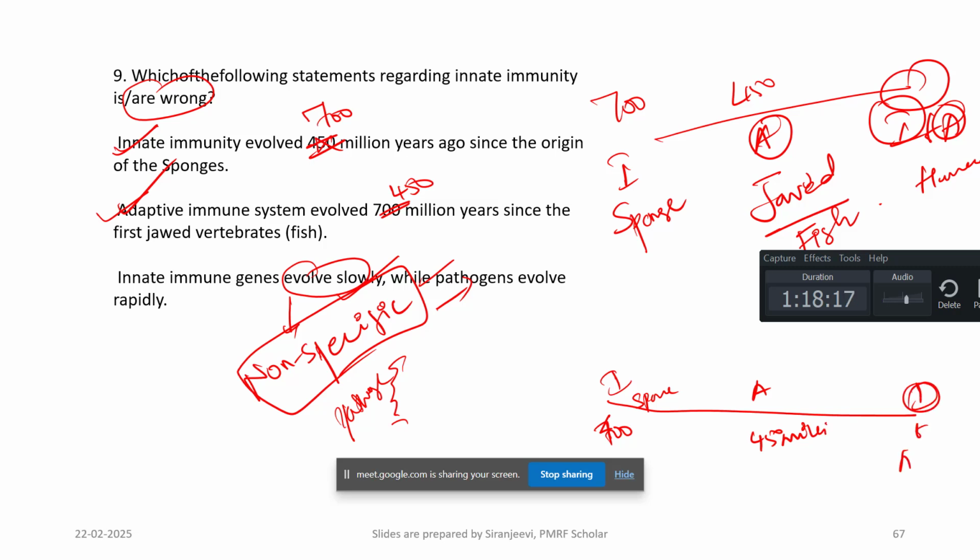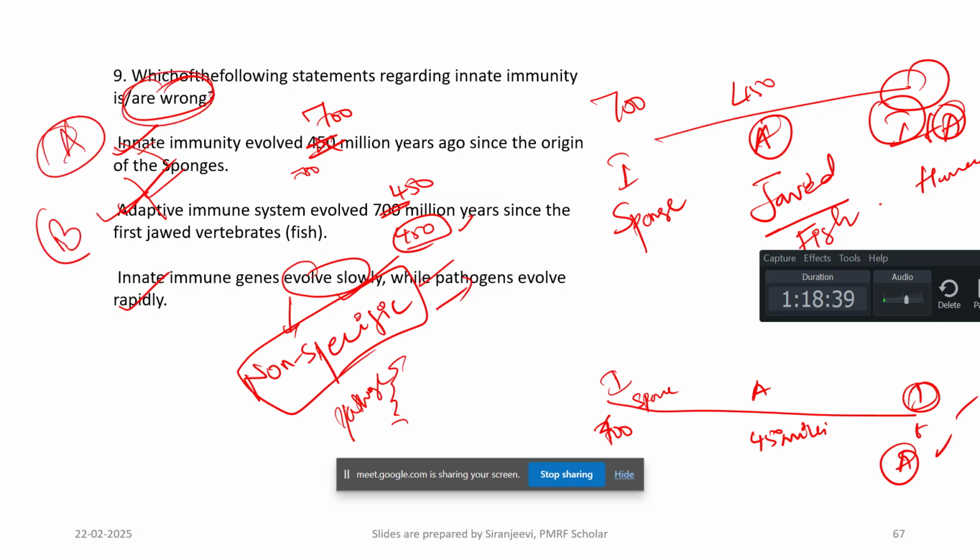So for the whole day that we have talked about, we started with innate immunity. Then we talked about the barriers of the body: physical, mechanical, microbial, and finally we have seen biochemical.